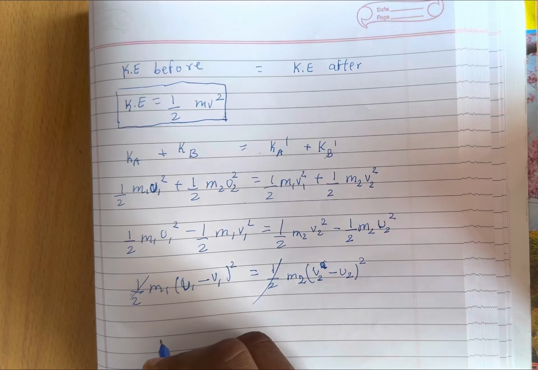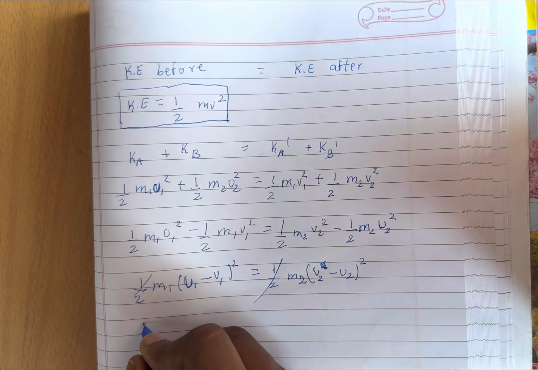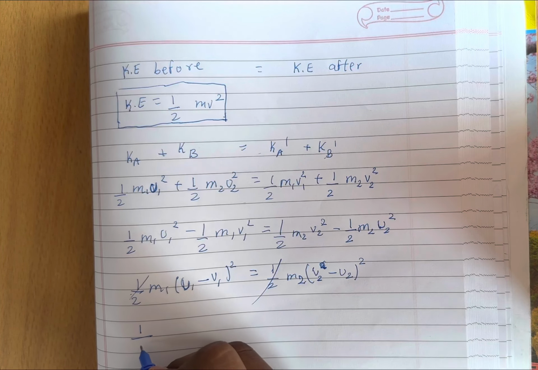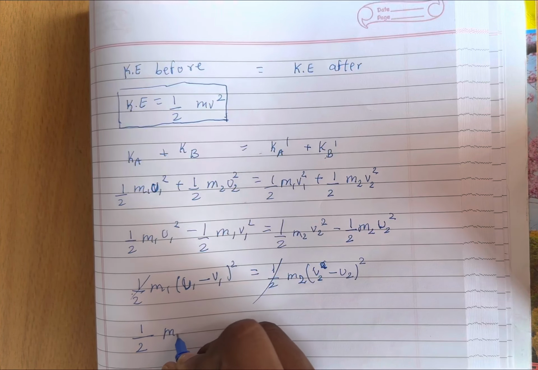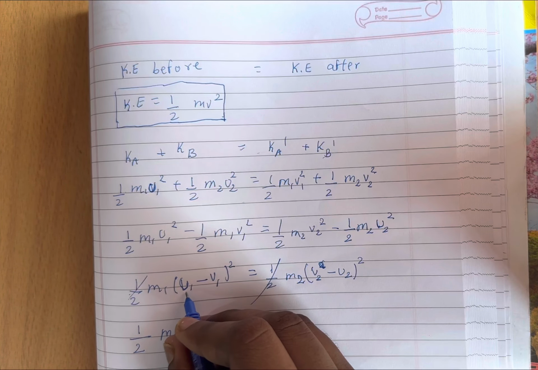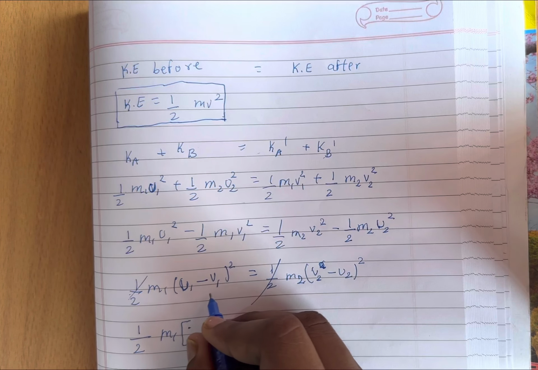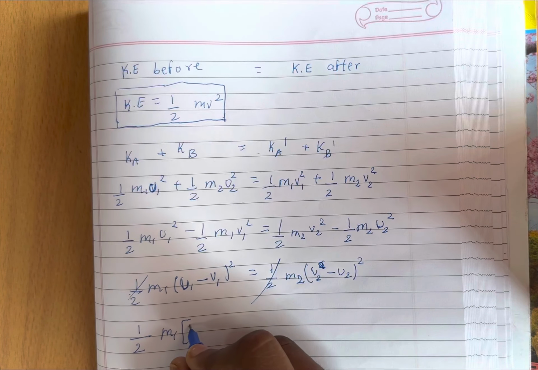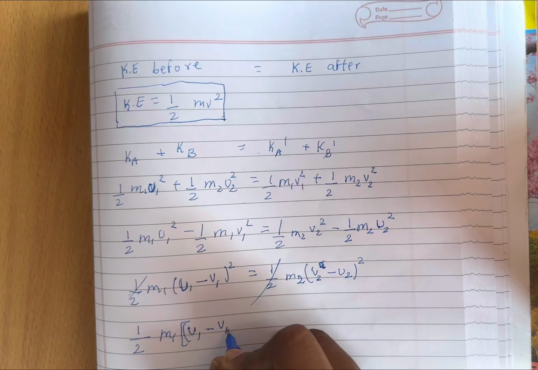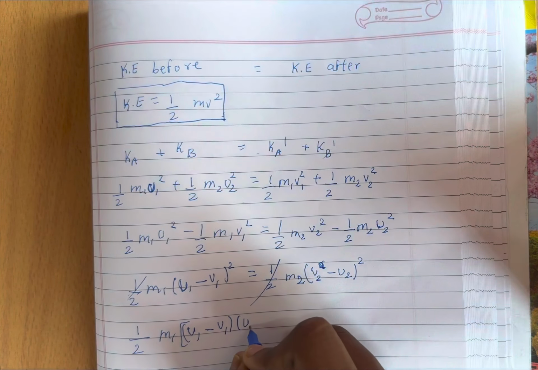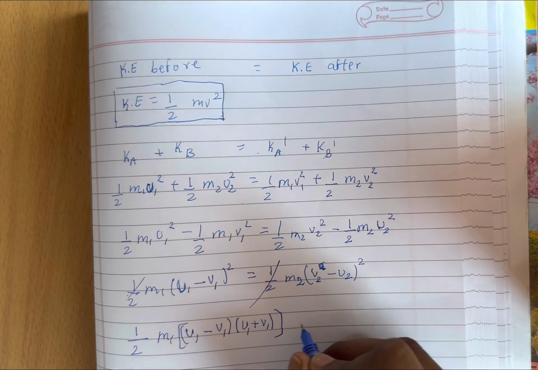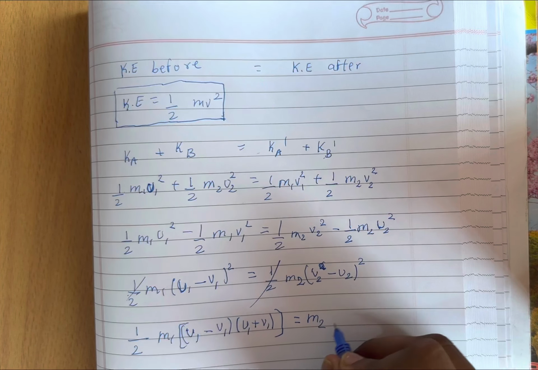So now it will become m1. We can write u1 minus v1 square as u1 minus v1 times u1 plus v1, equal to m2.